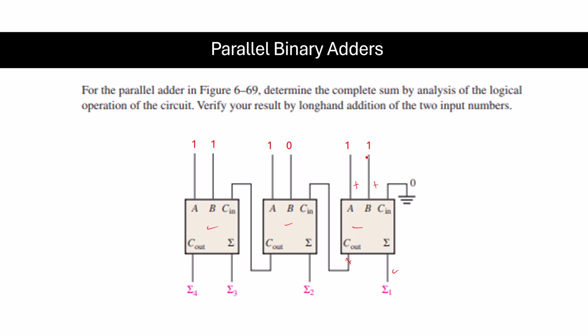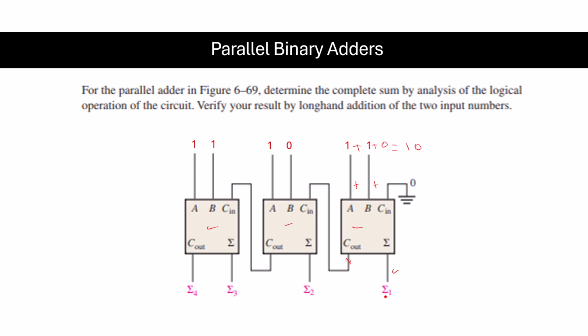All right, let's do this. So we have here 1 plus 1 plus the carry in 0. So this is just 2, 1, 0.